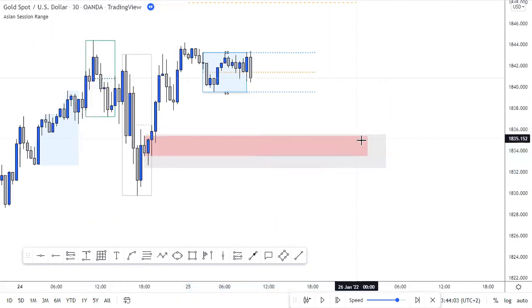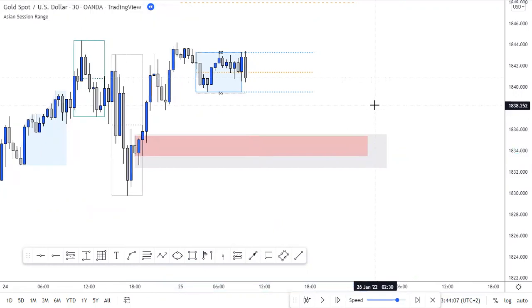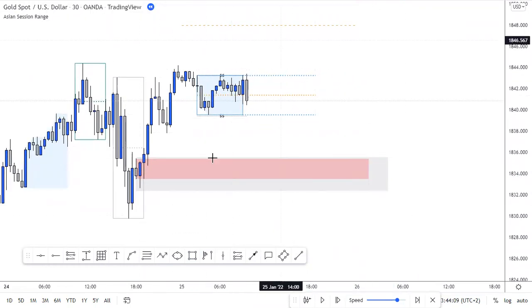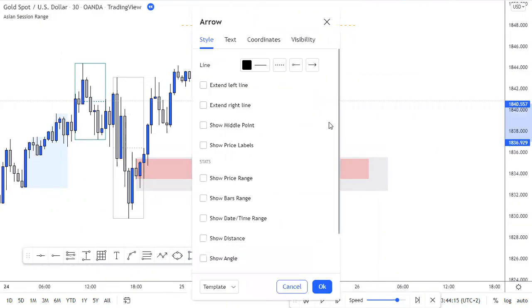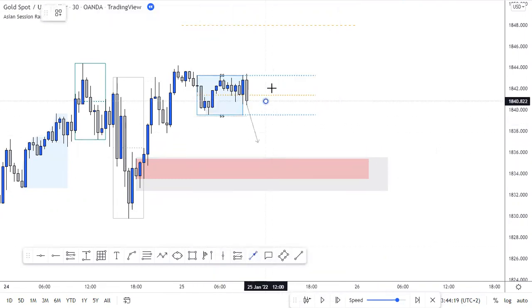And then the red one is our 30-minute point of interest. So what we are looking at right now is that we have to violate the Asian lows, or we have to violate the Asian highs. It's really up to the market what it does.